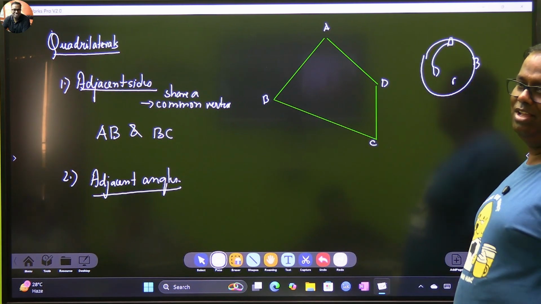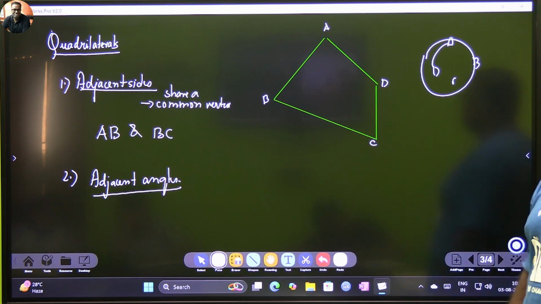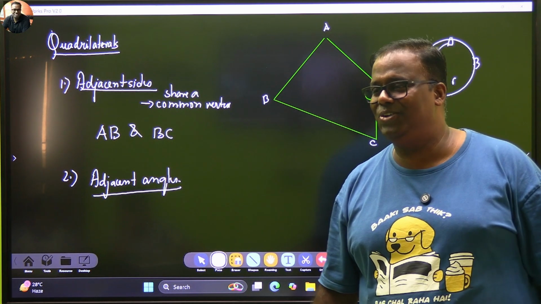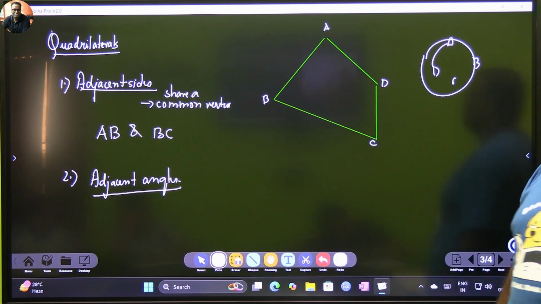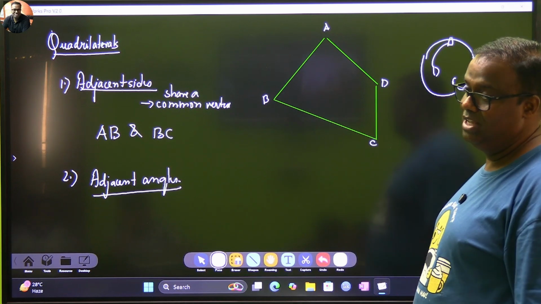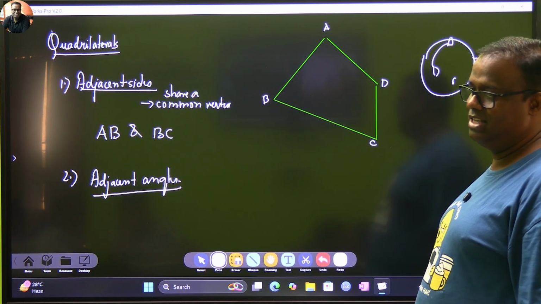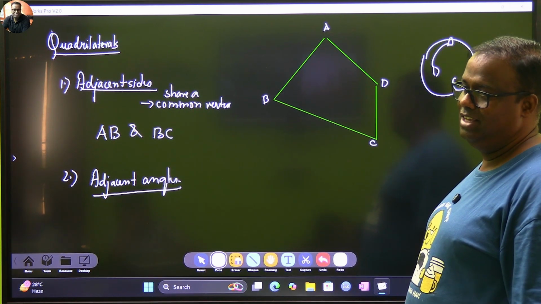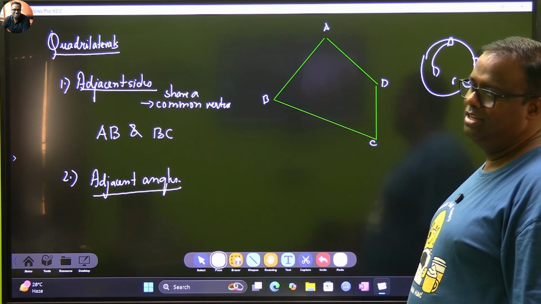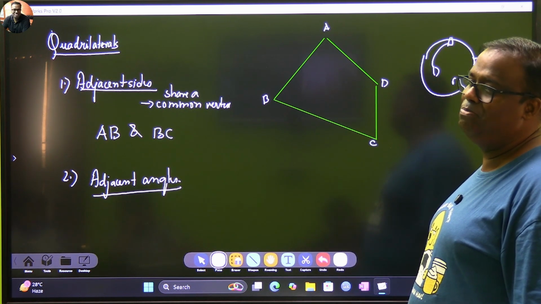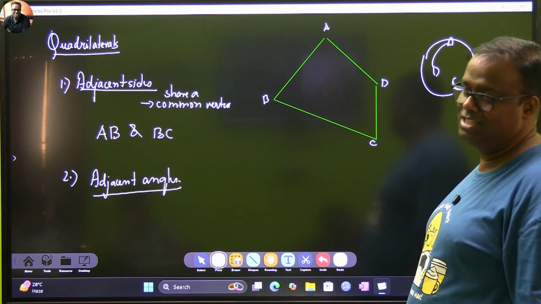But AC is never. Neither CA is chronological nor AC. In AC and CA, you will never get adjacent angles. AB, yes. BC, yes. CB, yes. AC, no. DB, because DB or BD are never chronological. C is jumped in between.